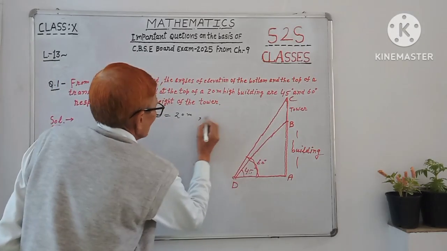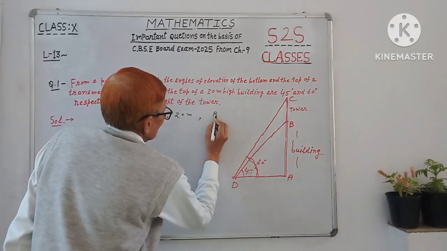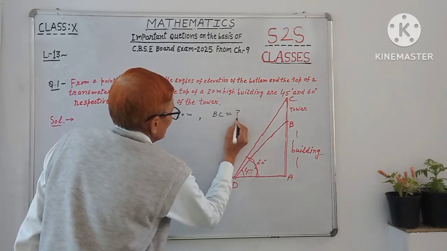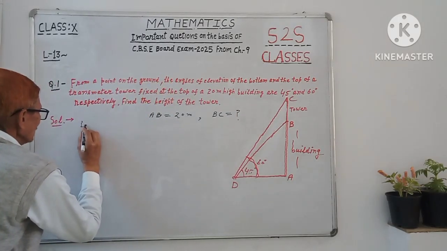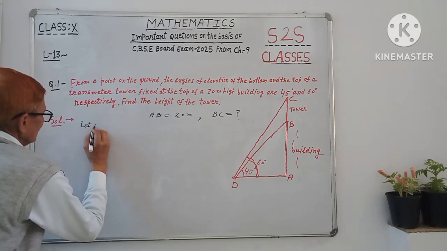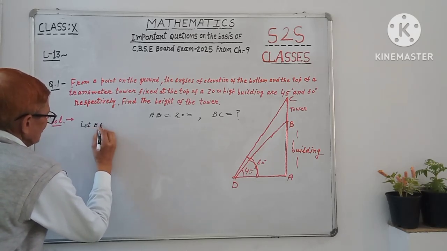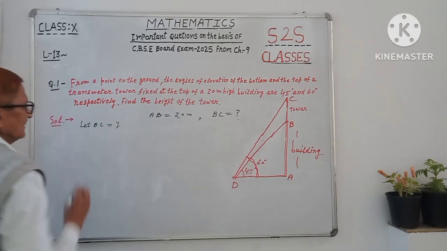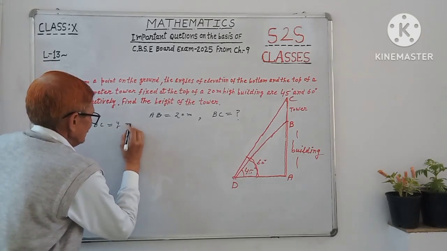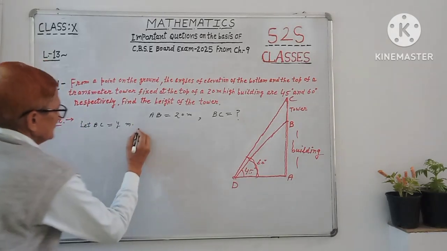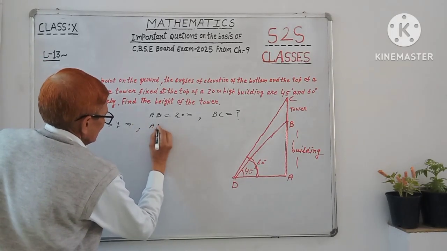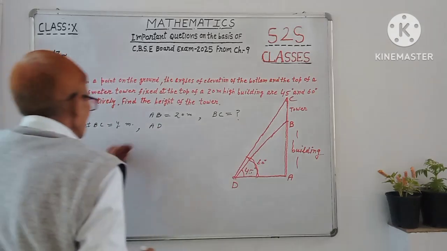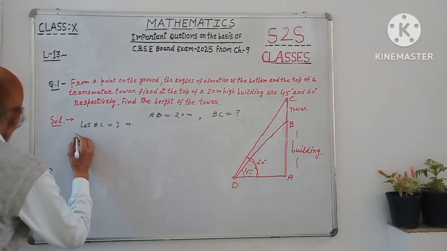And BC, what we have to find? BC, height of the tower. In the solution, let BC equal to y meter. कोई जरूरत नहीं है लेट करने की, डायरेक्ट करेंगे.